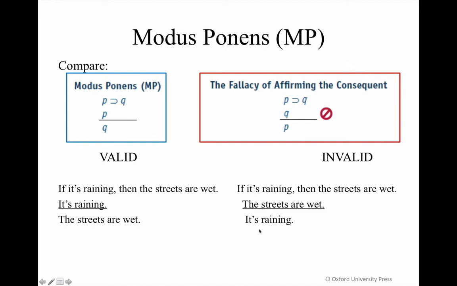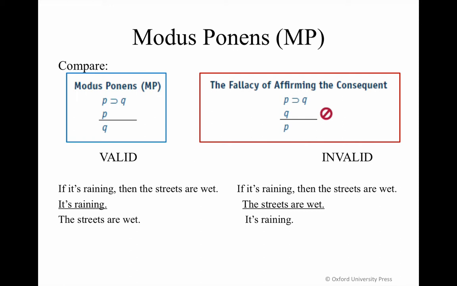So here are a couple of examples from ordinary language. On the left in blue, you see the modus ponens form, and you have the following argument. If it's raining, then the streets are wet. It's raining, therefore the streets are wet. Contrast that with an imposter.